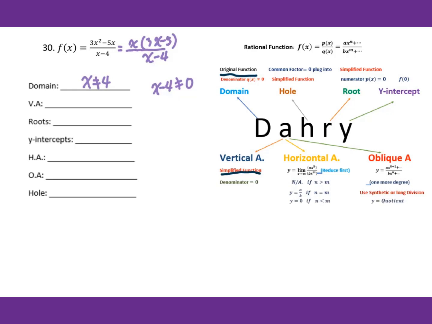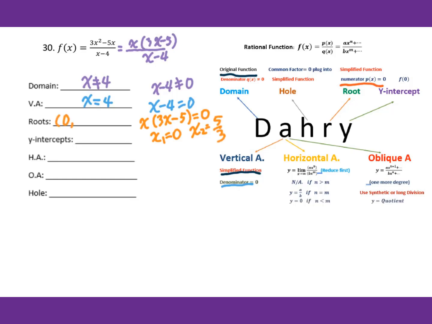Vertical asymptote line, denominator equal to 0. So x minus 4 equal to 0. X equals 4. Roots, make the numerator equal to 0. Therefore, I got x times 3x minus 5 equal to 0. Therefore, x1 equal to 0, x2 equal to 5 over 3.